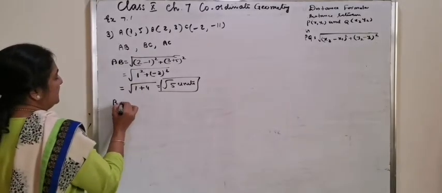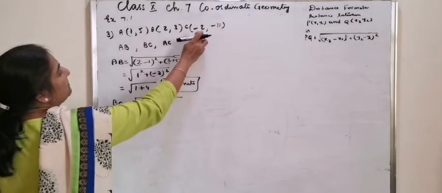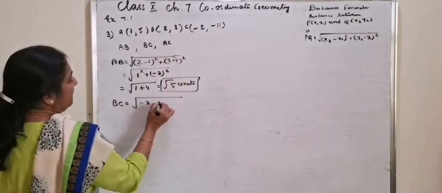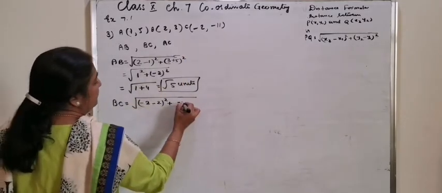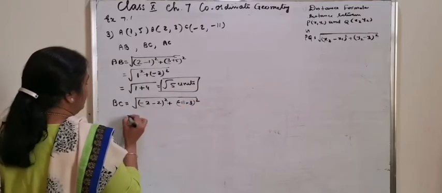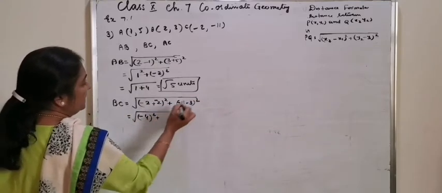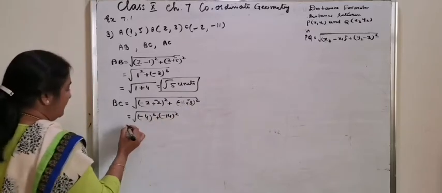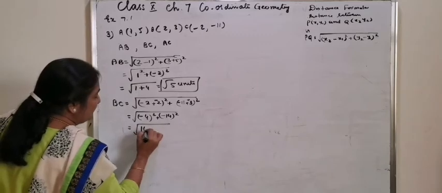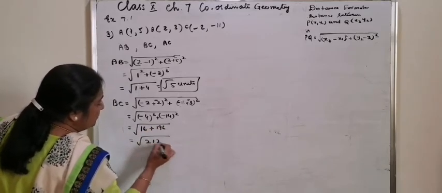Let's see the measure of BC. BC is equal to square root of (minus 2) the whole square plus (minus 11 minus 3) the whole square, root of (minus 4) the whole square plus (minus 14) the whole square, which is equal to square root of 16 plus 196, root 212.